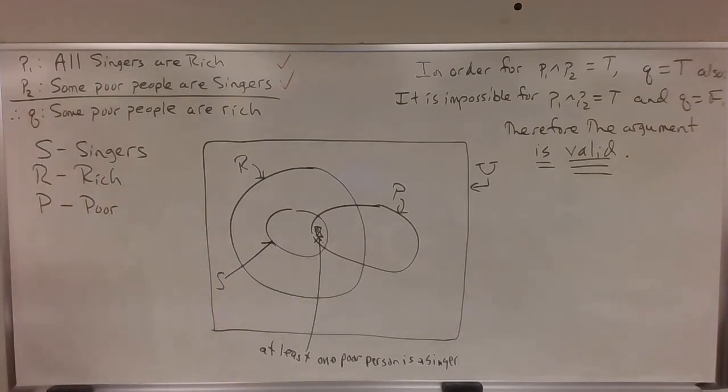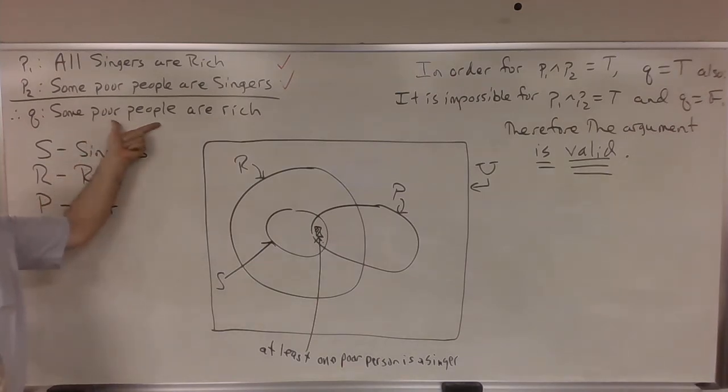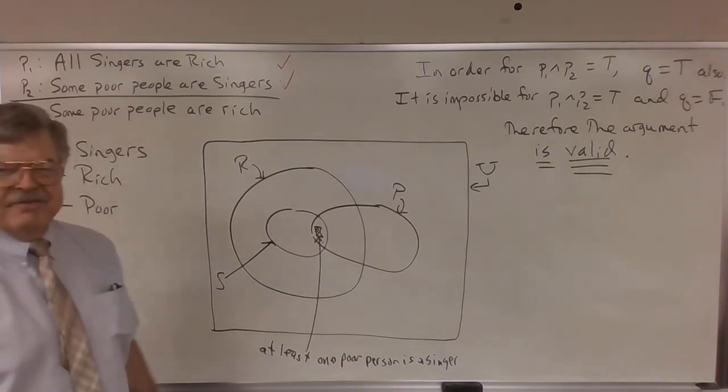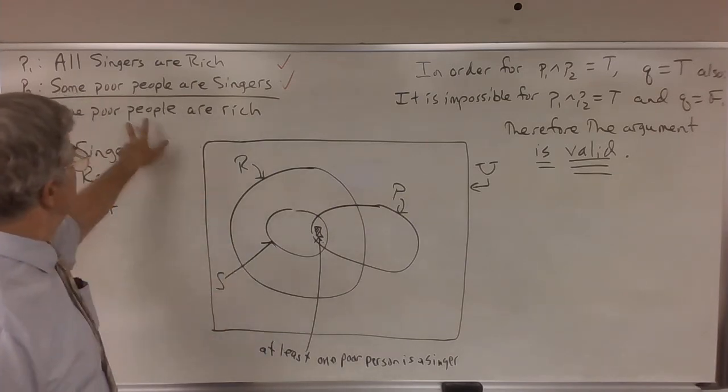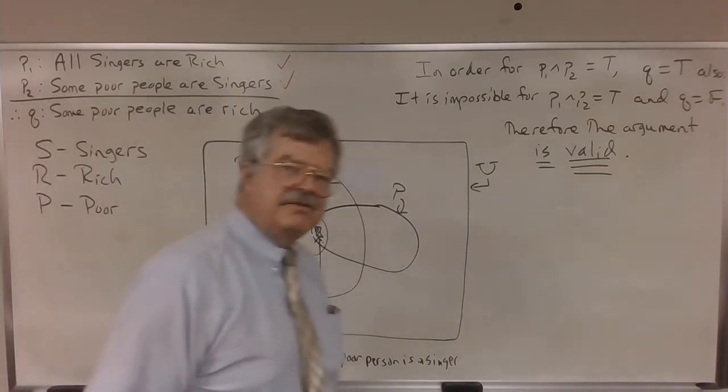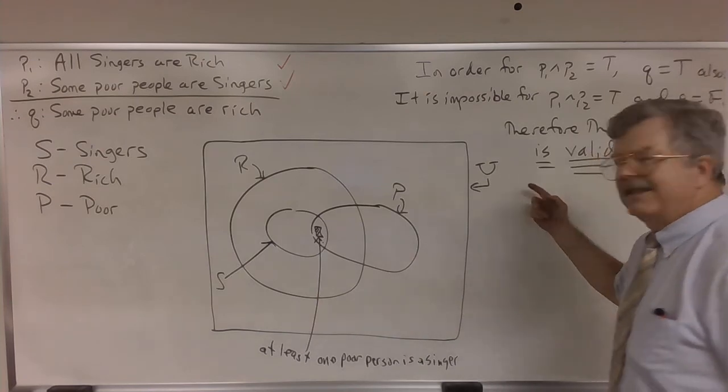And now you're looking at this and you're saying, wait a minute. Some poor people are rich? That doesn't make any sense. This statement contradicts itself. How can this be a valid argument?